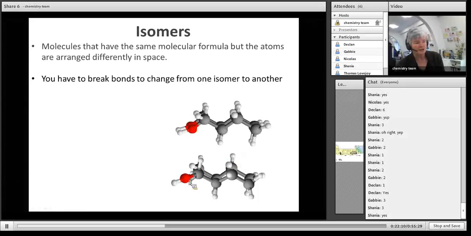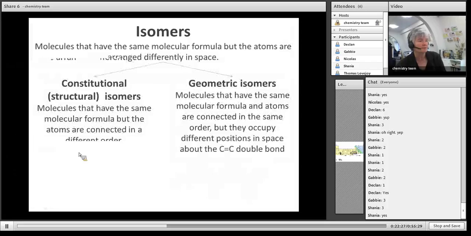So can you see I've had to actually break a bond, and that requires energy. So that's why you get all these different isomers, because it actually is a bit harder to change from one to the other.